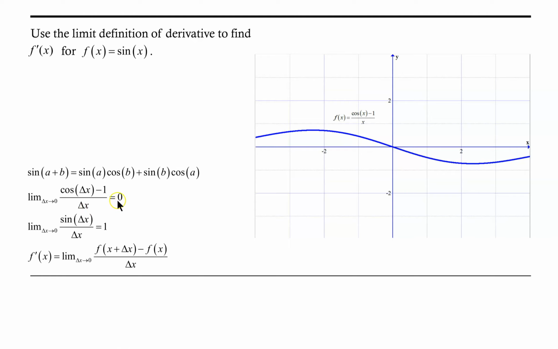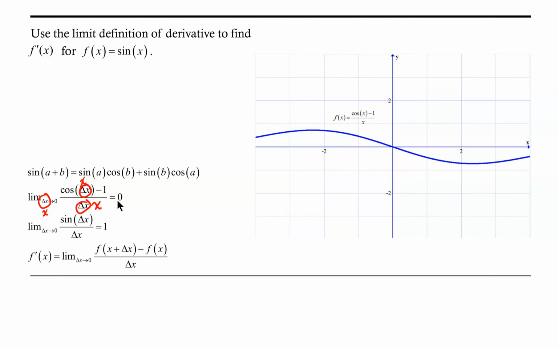We will also need this limit: as delta x goes to 0 of cosine delta x minus 1 over delta x equals 0. Don't let the fact that we have a delta x as our variable in this particular limit bother you. I could just as well have called that x goes to 0 of cosine of x minus 1 over x.